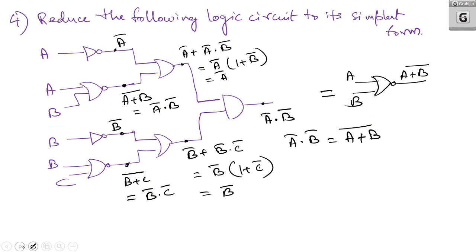In the last question we reduced the number of gates, because we simplified the expression. The simplest form is using a NOR gate.